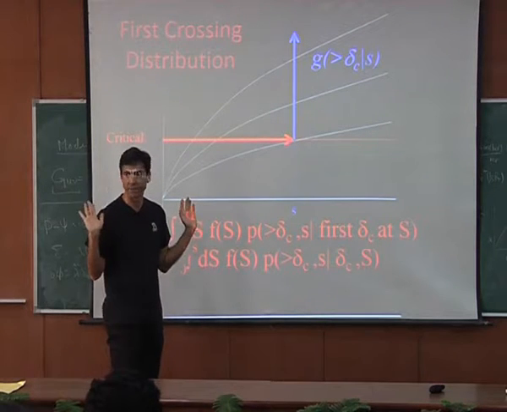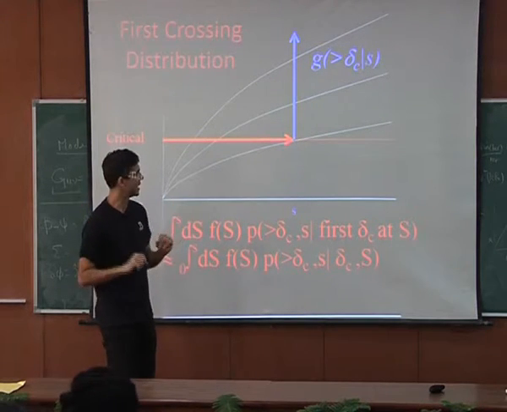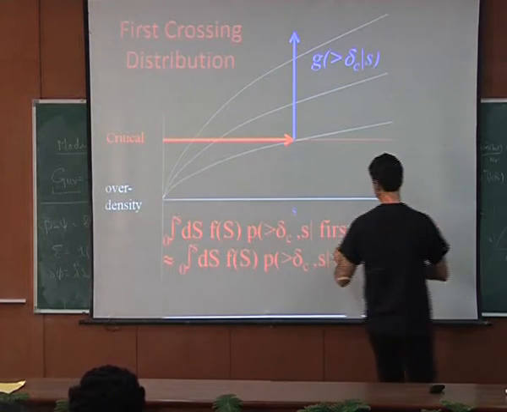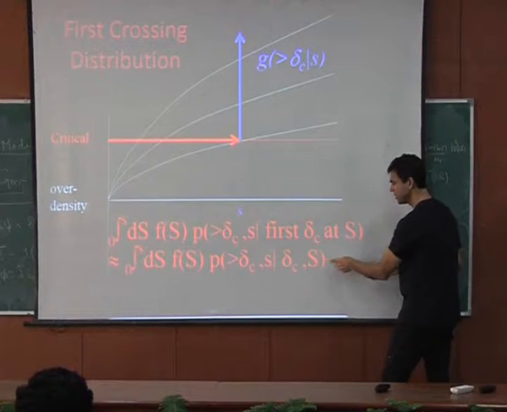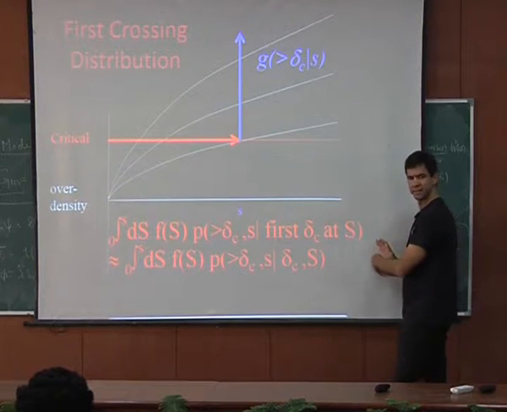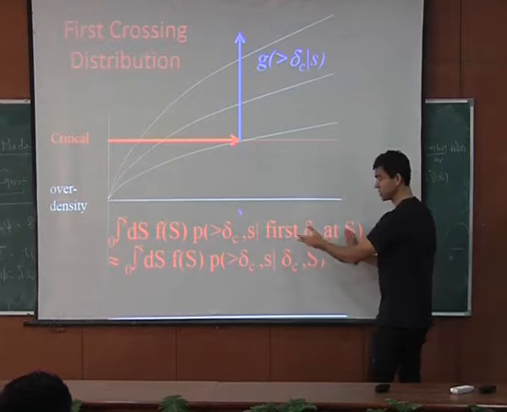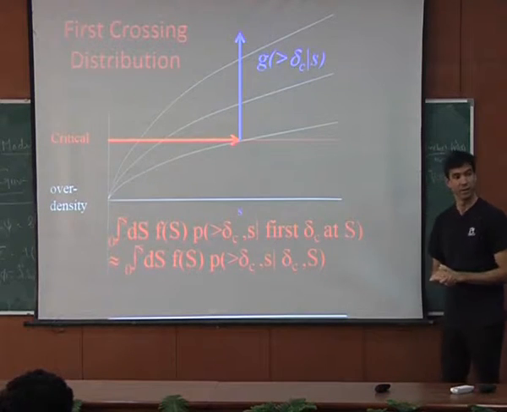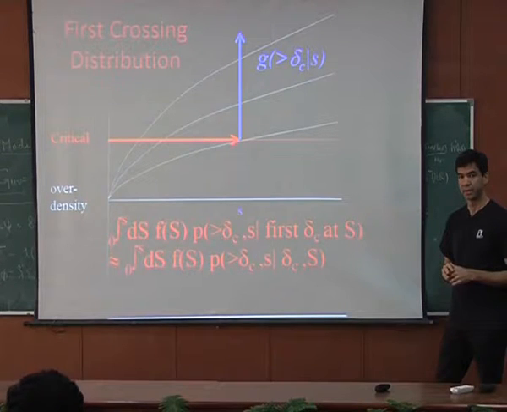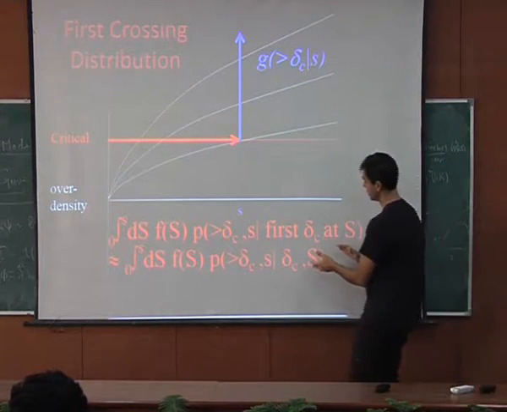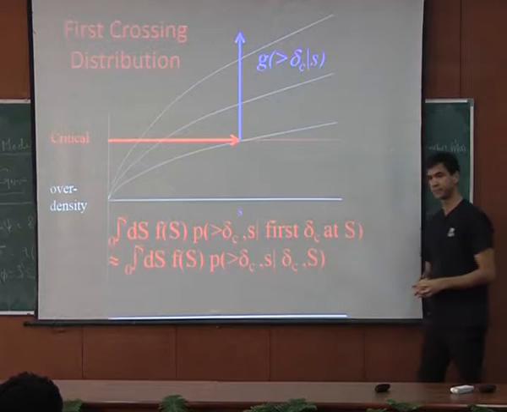Your next step is an independent step. And so that means that if you are at height delta_c at S, whether it was the first time or the second time doesn't matter for this quantity, because there's no memory of where you came from. In the jargon, the walks are Markov. And so that means you really can write this.